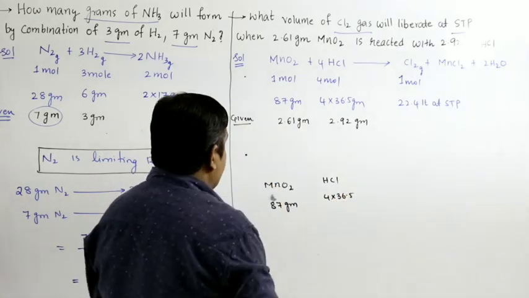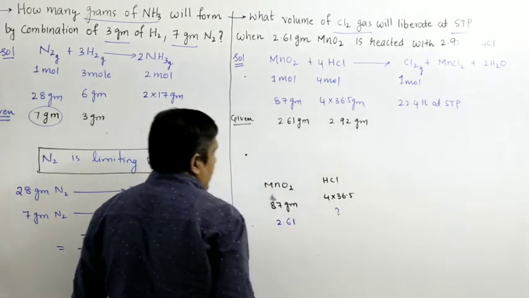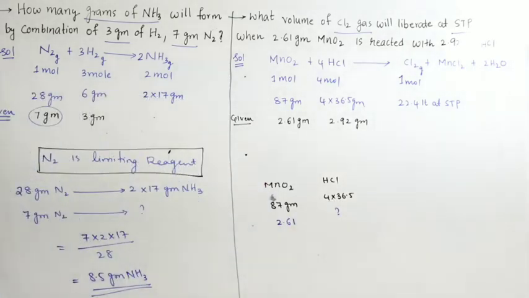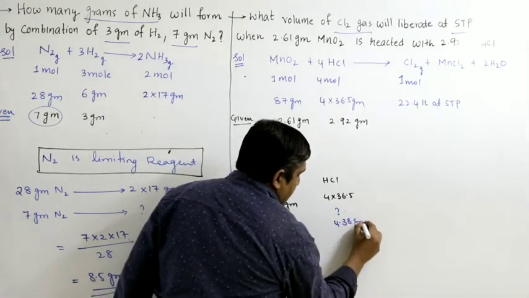I am calculating with respect to this 2.61 grams. So for 2.61 grams, how much is required? So you require 4.38 grams.